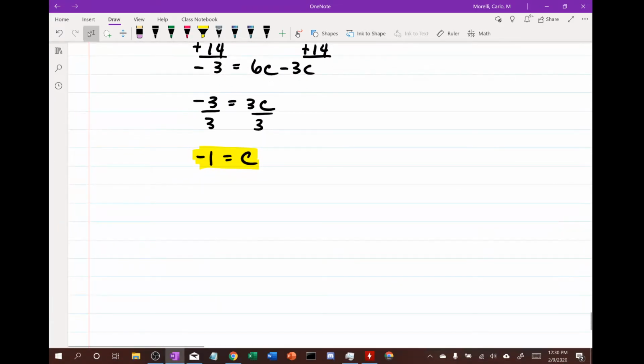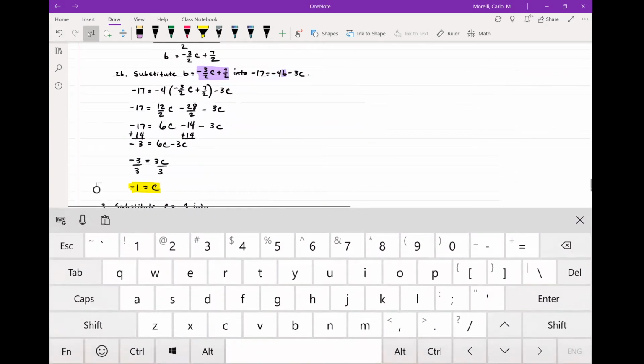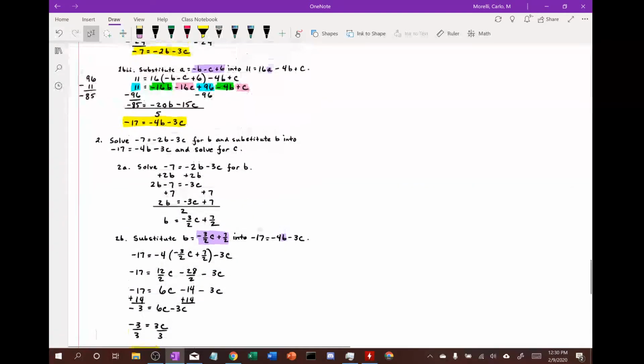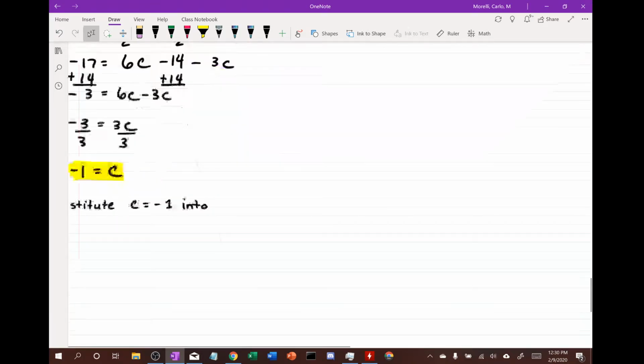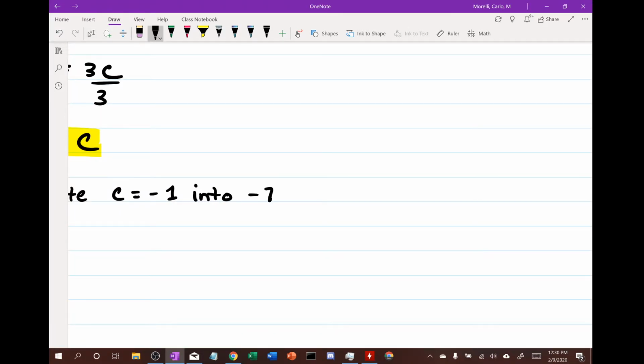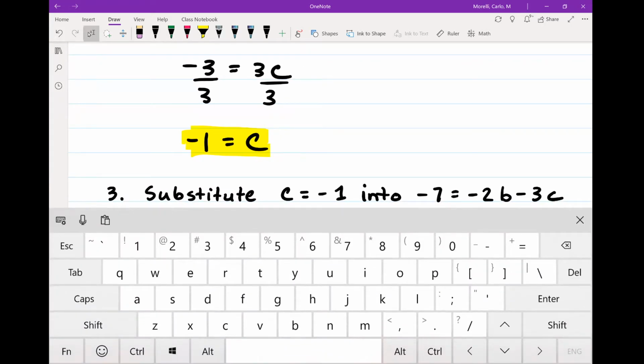So this is step 3. Substitute C equals -1 into, and then we have to get that equation, -7 equals -2b minus 3c. Okay, let's just make sure that we got it written down correctly.